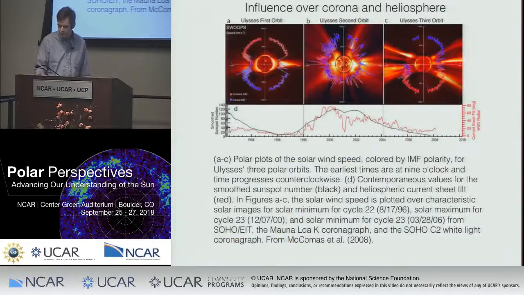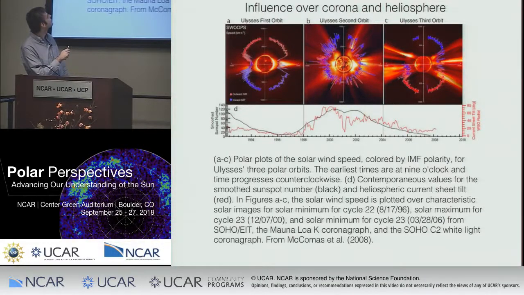Another piece of the polar field's global influence is the global magnetic structure of the corona and heliosphere. There's this famous plot from McComas et al. of Ulysses data for the solar wind speed in radial coordinates, the speed color-coded by magnetic polarity with red positive and blue negative flux.